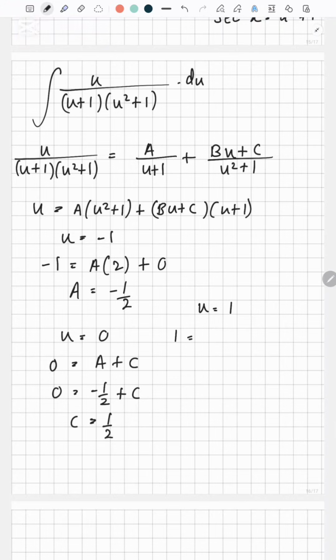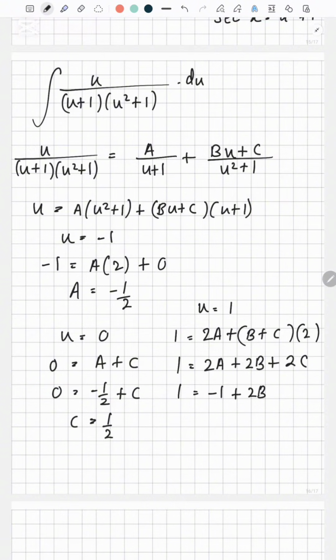So 1 equals 1 plus 1, that's 2a, and then b plus c times 2, right? So that's 1 equals 2a plus 2b plus 2c. So 1 equals 2 times minus half, which is minus 1, plus 2b plus 2 times half, which is 1. These two cancel off, so b equals half.